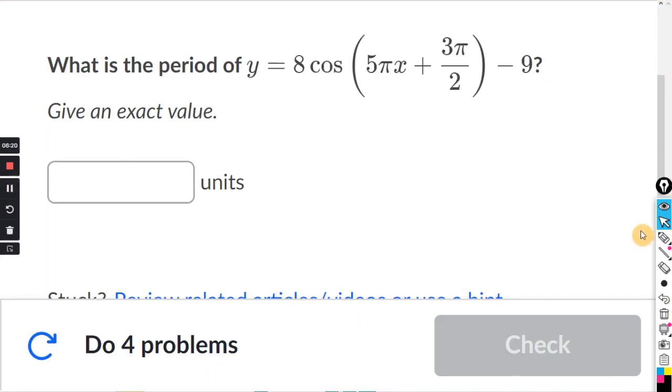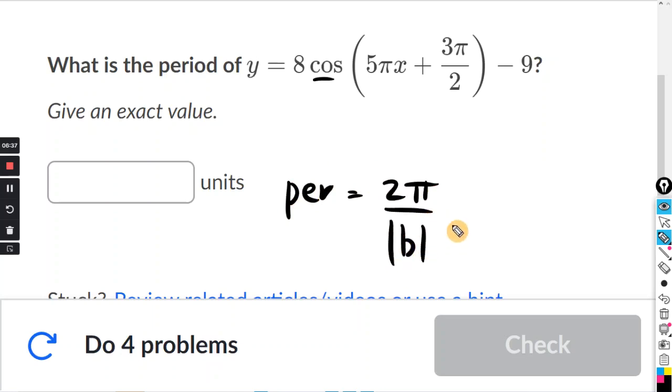We're going to go over graphs later, but for cosine and sine, the period is the same. The original period is 2 pi. So the formula for the period is the same for the cosine and the sine. It's just going to be 2 pi over the absolute value of b, and b is the number that is multiplied by x.